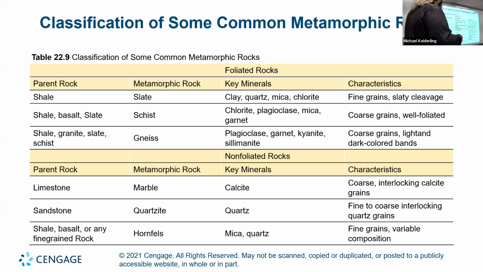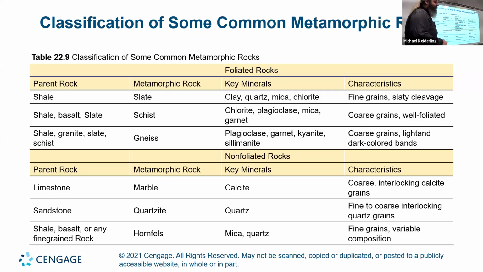So here we have shale will turn into slate. The key minerals are clay, quartz, mica, and cordierite. It has fine grains and slaty cleavage. It's very wide, not flattened. Shale and basalt and slate could turn into schist, which has chlorite, plagioclase, mica, and garnet.